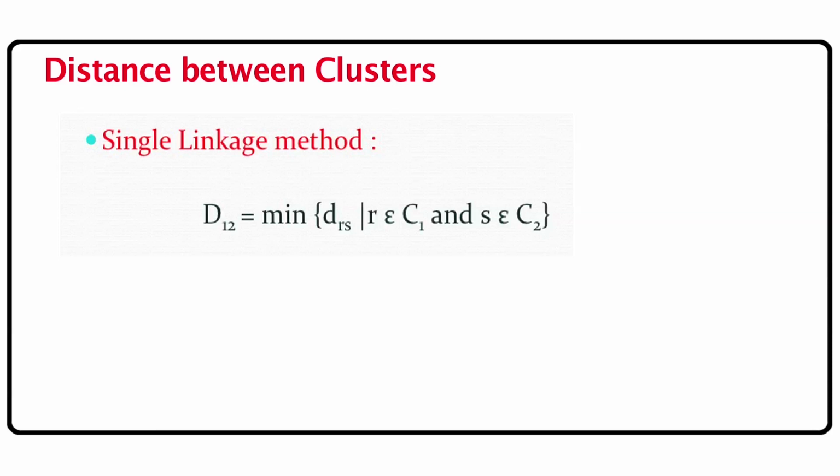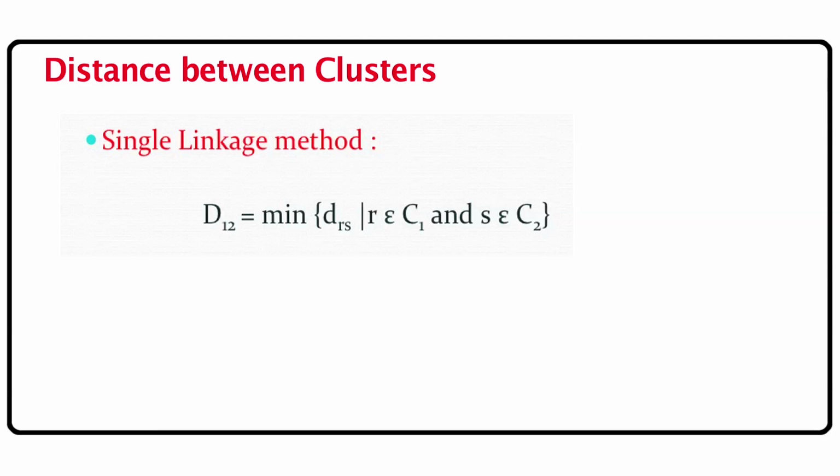So it's the minimum of DRS where R belongs to the first cluster and S belongs to the second cluster. So we look at all the distances between the two groups and find out the minimum of these, and we call this the single linkage distance.